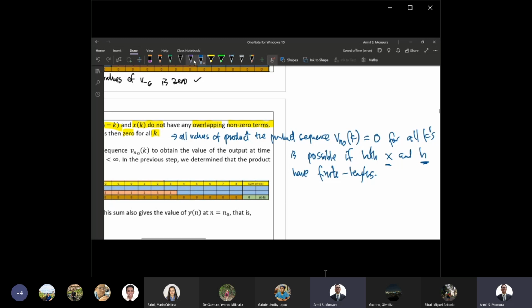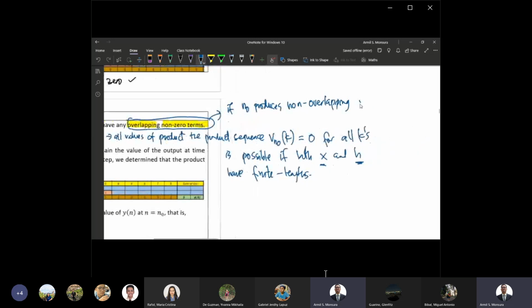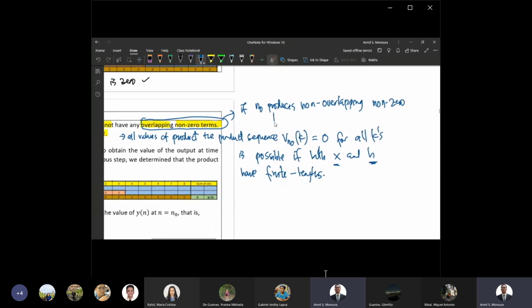So, kailan siya mangyayari? Ito yun. If the shift n0 produces non-overlapping non-zero terms for the shifted h and x of k, then ito yung mangyayari.